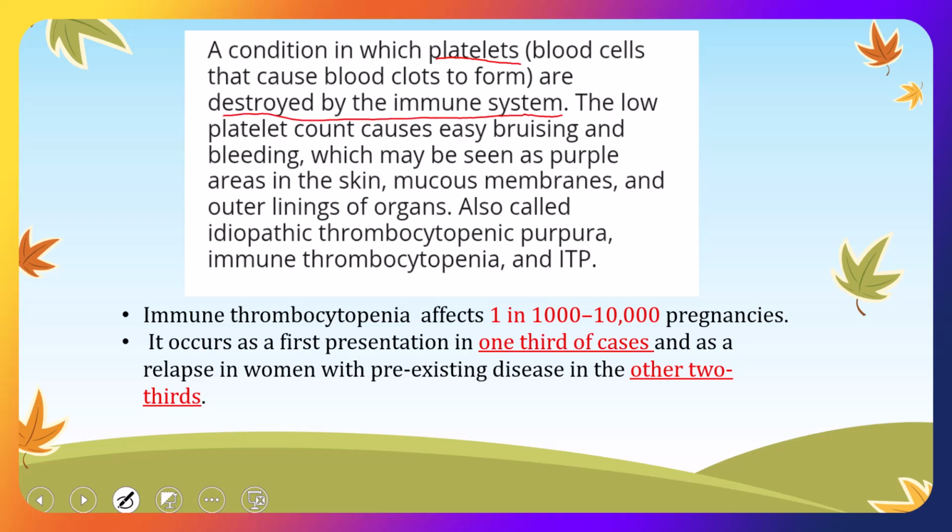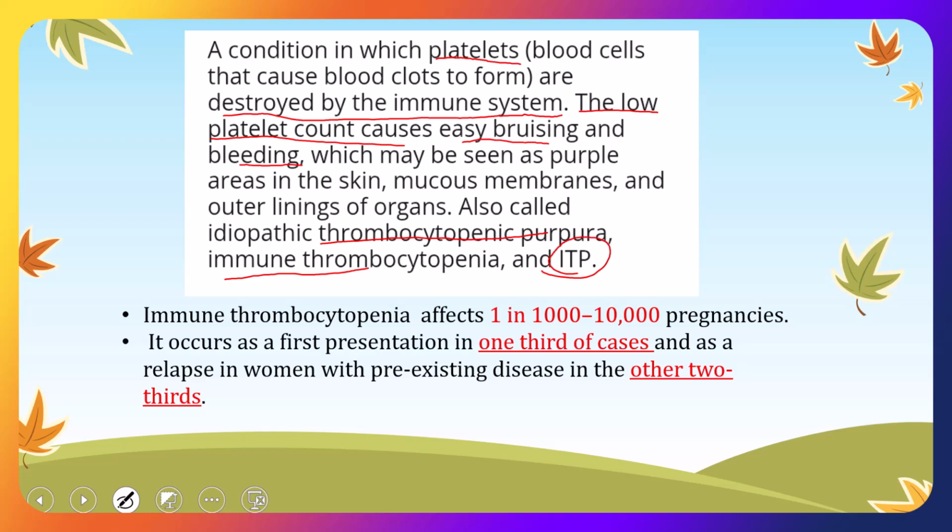Meaning the immune system of the body produces antibodies against its own platelets, leading to destruction of the platelets and a low platelet count. This low platelet count causes easy bruising and bleeding, which may be seen as purple areas in the skin, mucous membranes and outer linings of organs. This condition is thus known as idiopathic thrombocytopenic purpura, immune thrombocytopenia, and ITP.